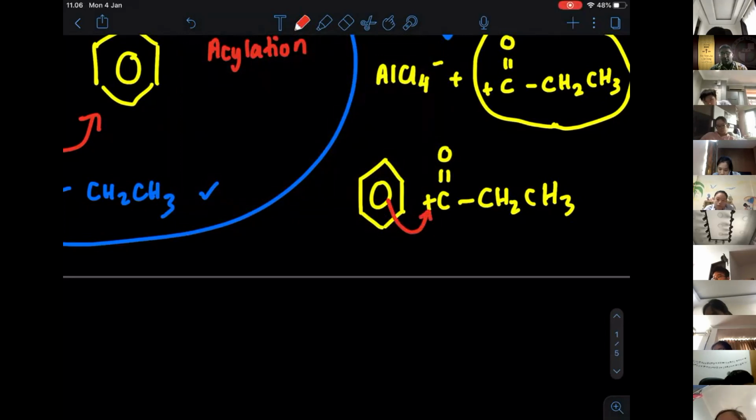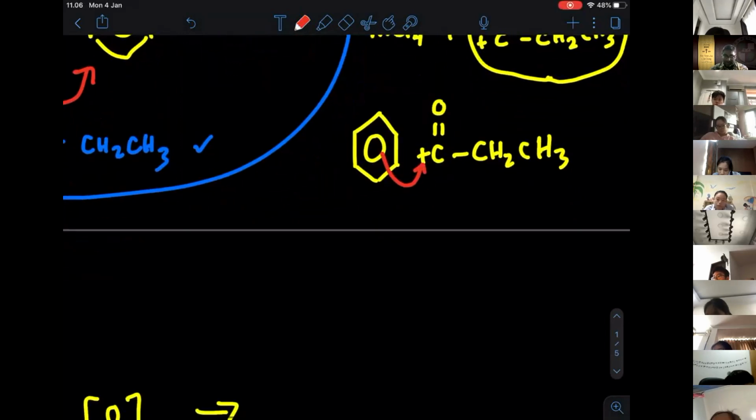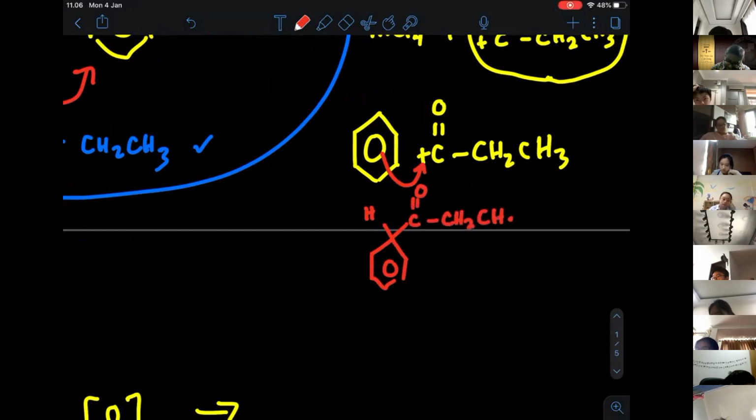So they are going to form an intermediate. There is hydrogen here. From where did the hydrogen suddenly come? It didn't come suddenly, it's been there all along. So you have carbon double bond O, CH2, CH3.